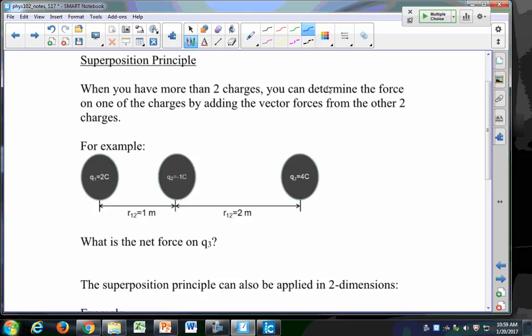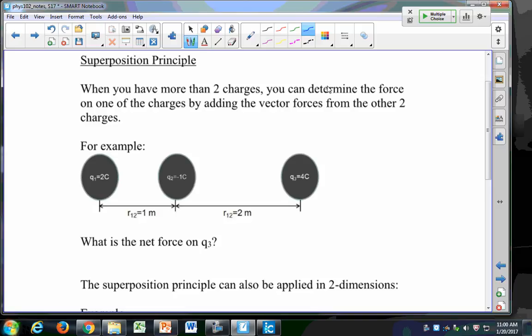So when you have more than two charges, you can determine the force on one of the charges by adding the vector forces from the other two charges. So for example, I have these three charges, and I want to know what is the net force on Q3. I have a positive 2 coulomb charge, a negative 1 coulomb charge, and then I have a positive 4 coulomb charge. The first thing I want to do is just sketch in the forces as they act on this Q3.